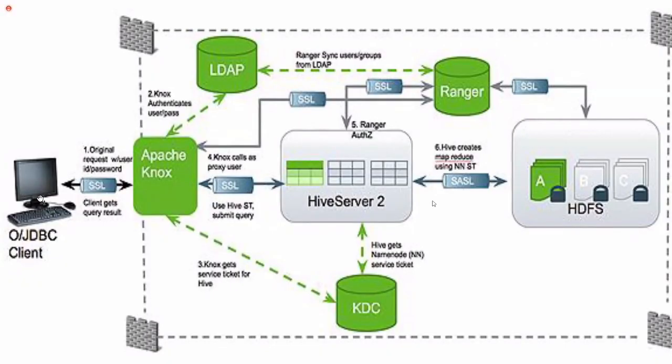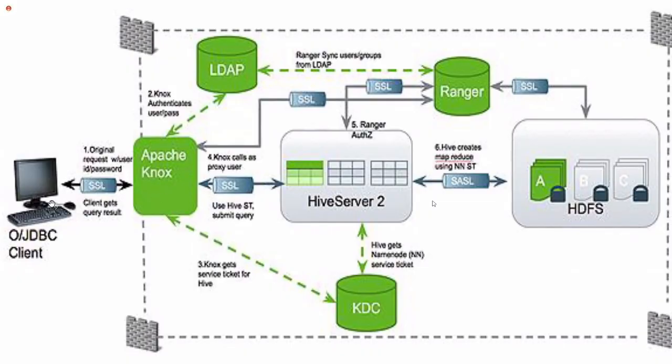See here, everything is involved. Yes or no? You have SSL, you have Knox gateway, one type of security. This is LDAP for user authentication, KDC for service authentication, Ranger for authorization. Then you have Hive Server 2, which is a web server which accepts the external request and talks to the name node or HDFS, name nodes and data nodes, gets the data, generates the output, and sends the data back to Apache and Knox.